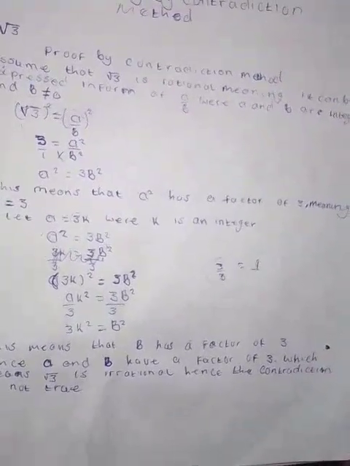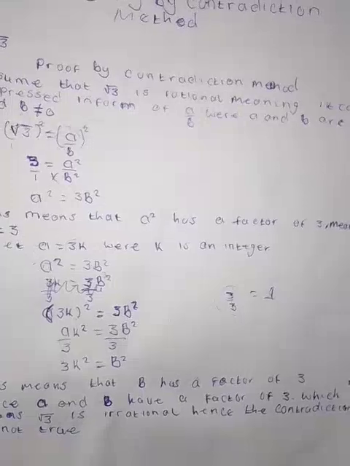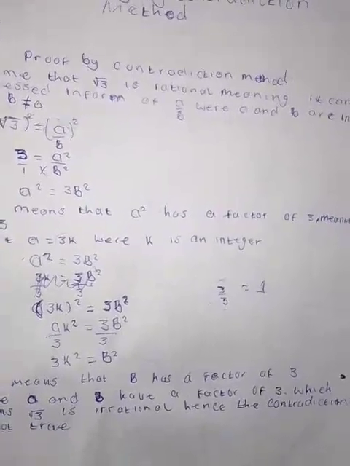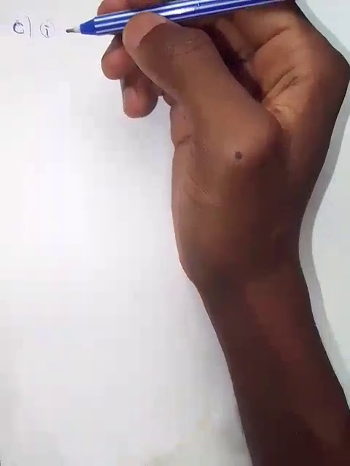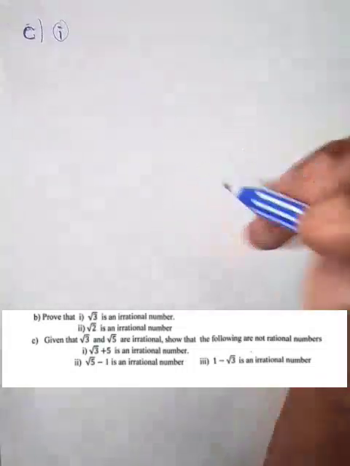Let me now solve C. Okay, so now let us proceed. The second question is quite tricky, as you can see from the way it is phrased. Sometimes they like bringing questions like this.